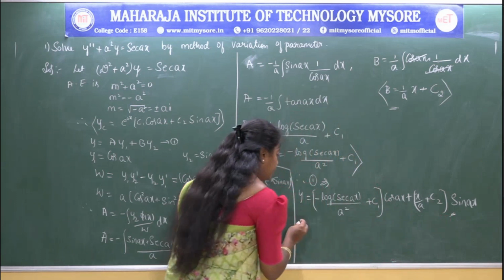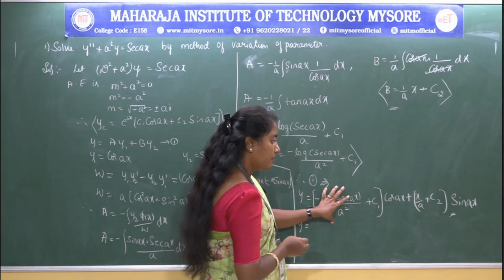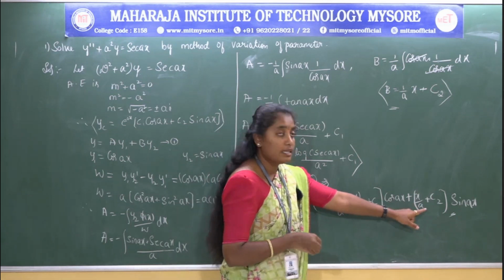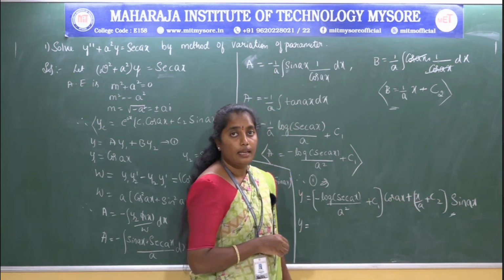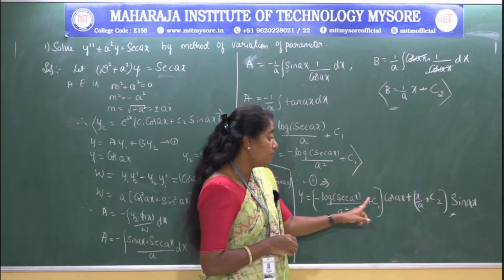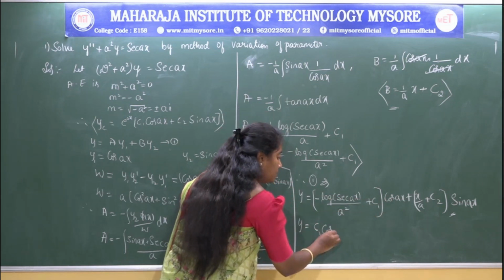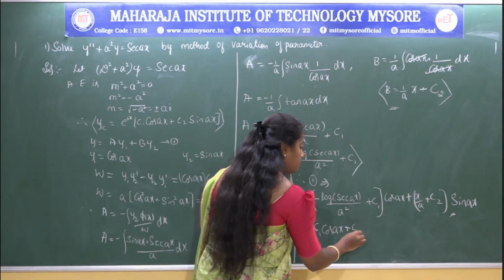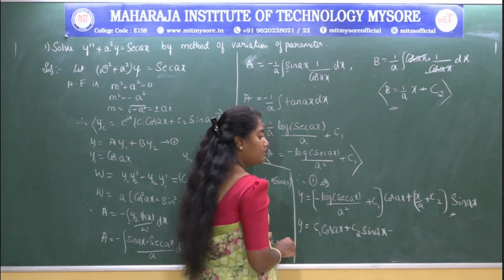So this is the result. Or we can simplify one more step, that is y is equal to, splitting the elements: first factor into cos ax, second factor into cos ax; again in the second term, first factor into sin ax, second factor into sin ax. First I will write the constant elements, that is c1 into cos ax plus c2 into sin ax.